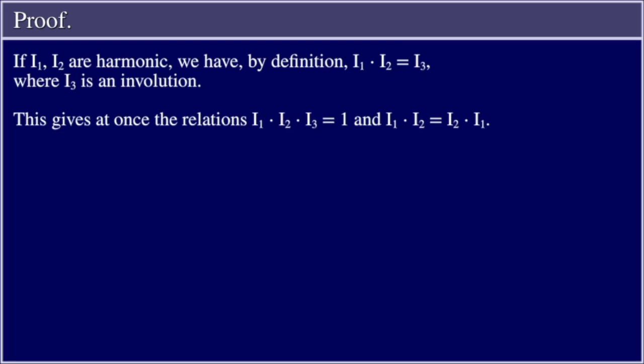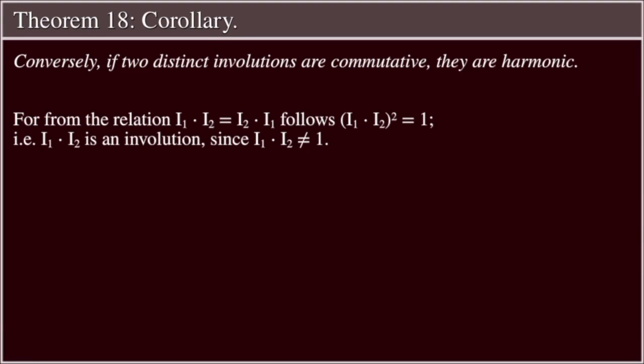This gives at once the relations ι₁·ι₂·ι₃ equal the identity, and ι₁·ι₂ equal ι₂·ι₁. Corollary. Conversely, if two distinct involutions are commutative, they are harmonic.